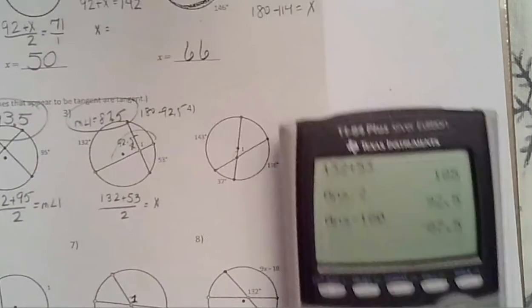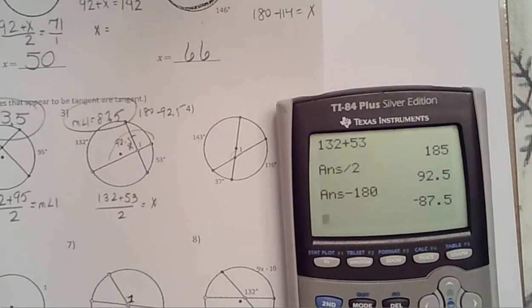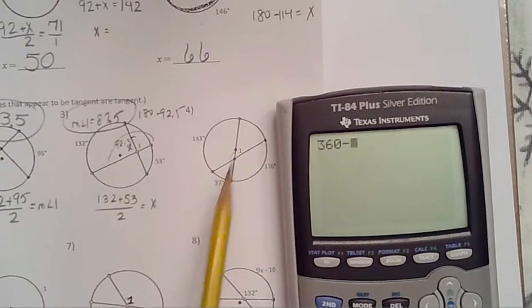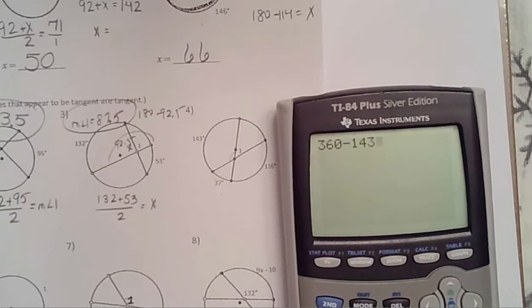So why not take our 360 and subtract away each of these arcs, and we can find out what this fourth one is. 143 minus 37 minus 116, 64.